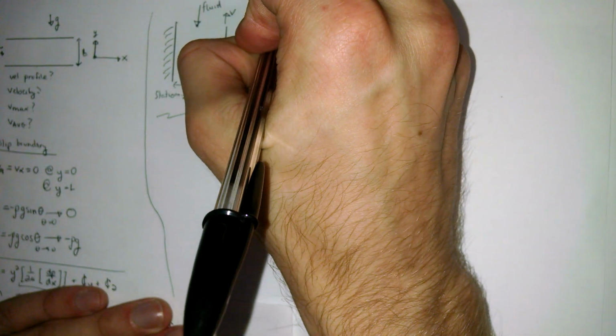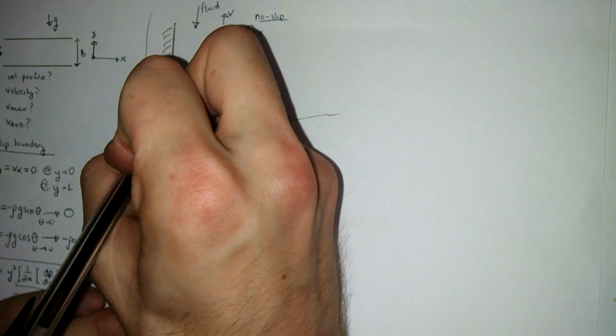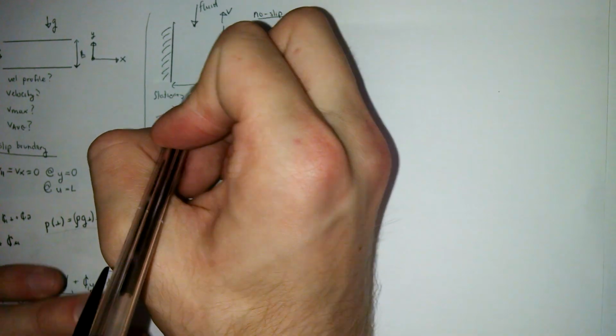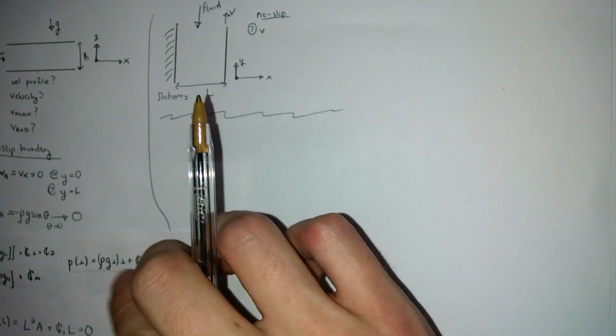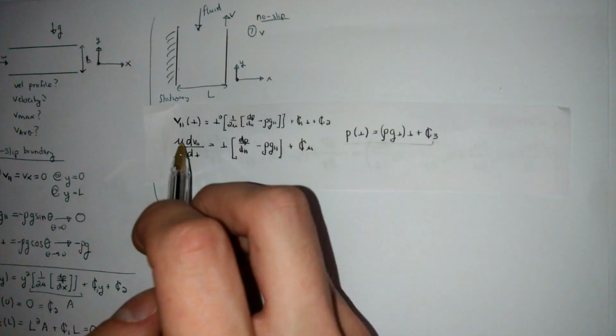Again, we're applying no slip. In this case, velocity parallel to the direction of flow is going to be Vy.